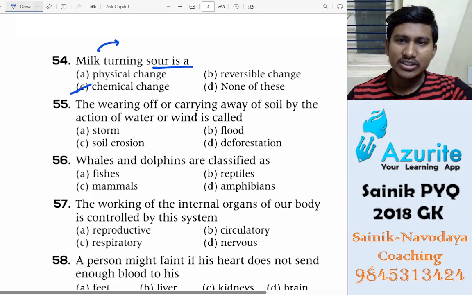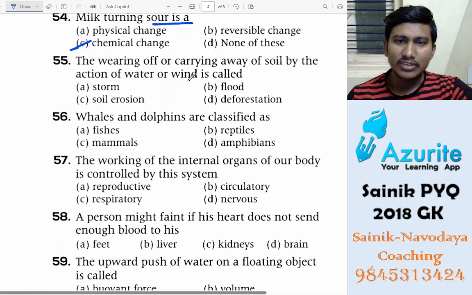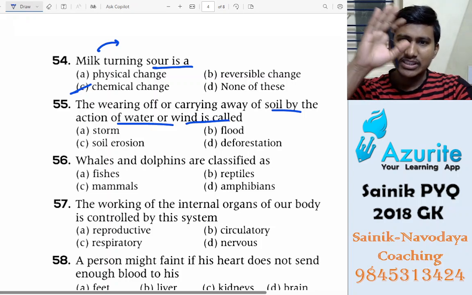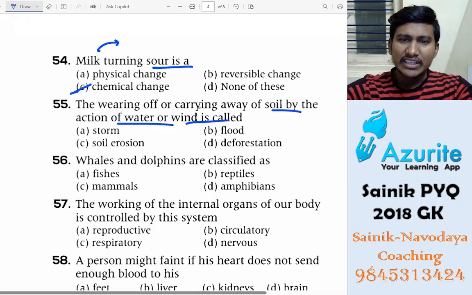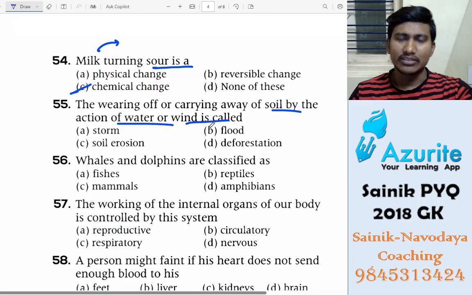So next question, 55. The wearing or carrying away of soil by the action of water or wind is called what?